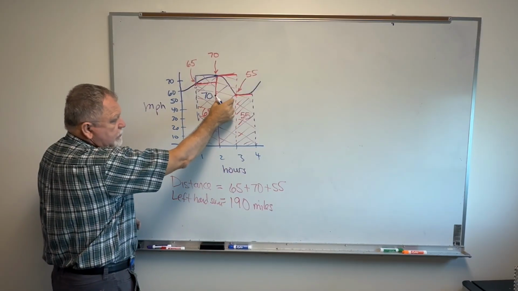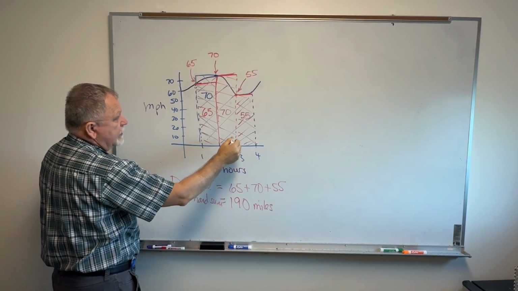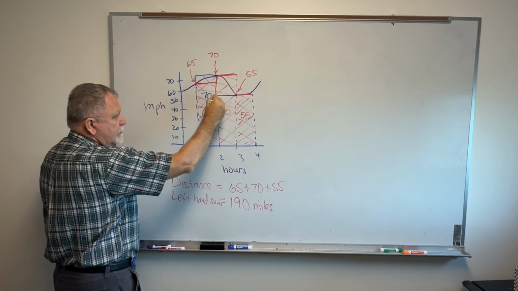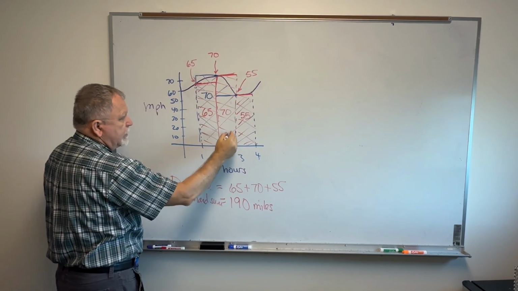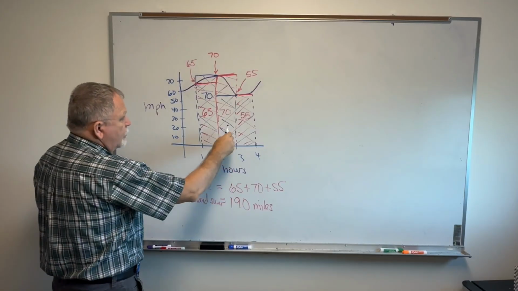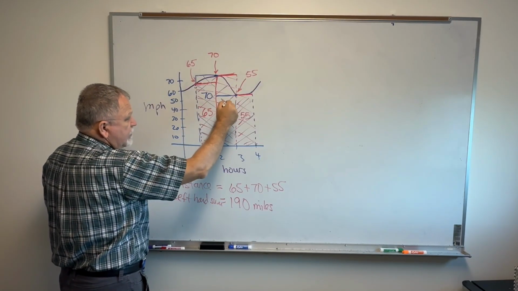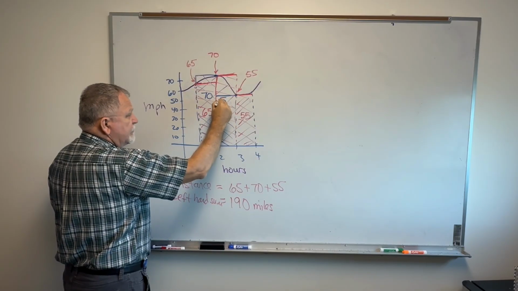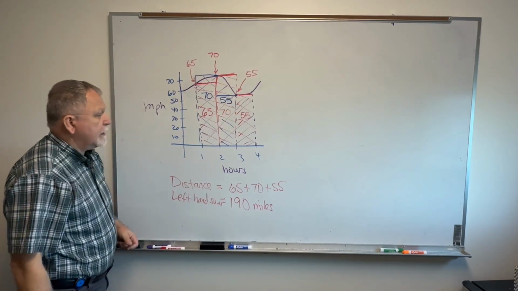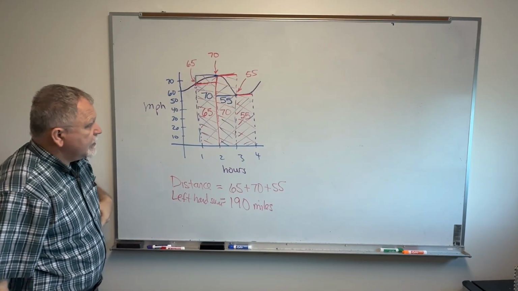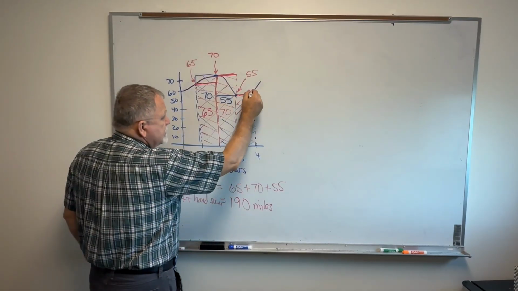Coming up here now to my next point right here, then going to the left. So I'm looking at this region down in here. Well, that's 55, and I went for 1 hour. So my estimate is 55 here. Again, that's less than our left-hand sum estimate. And then finally, I'll go up here to this point.